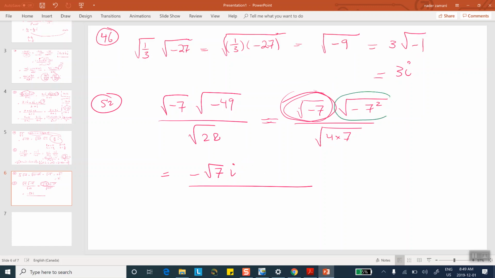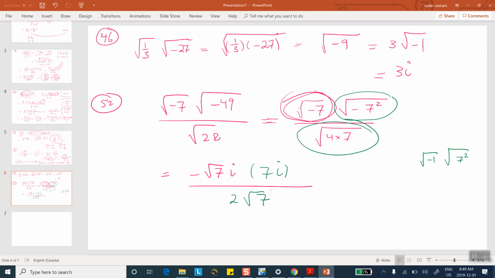This fellow, think about it as root of minus 1 times root of 7 squared, right? So it's going to be times 7i, right? And down below here is going to be 2 root 7. That guy is 2 root 7.